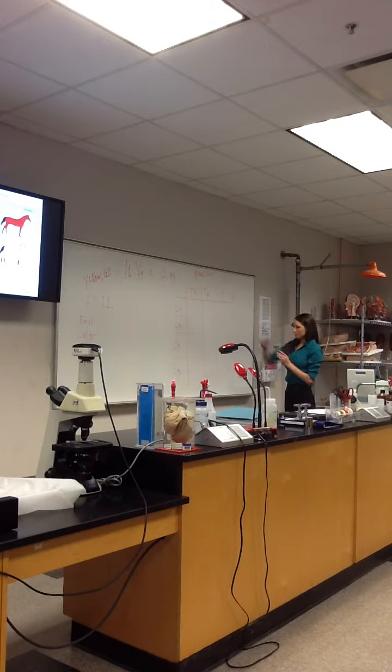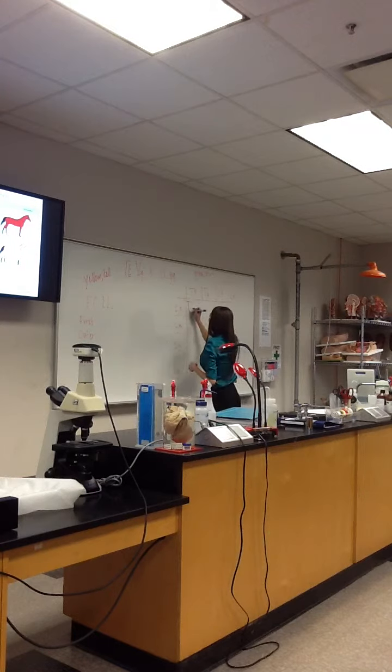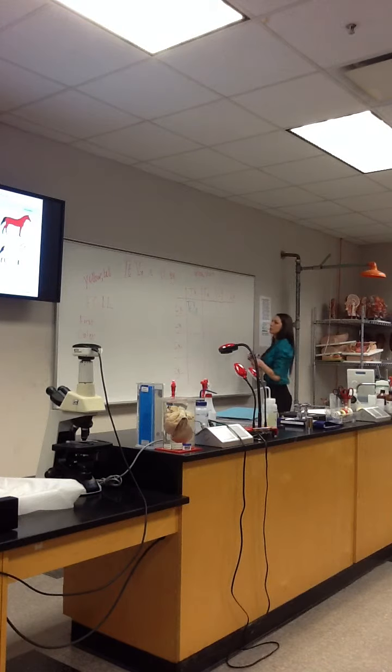And then you would just fill in all the squares, cross them. So what would we go right here? Big T, little t, big Y, little y. Right here. Big T, little t, little y.